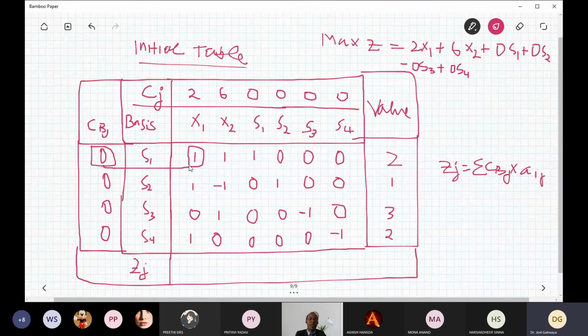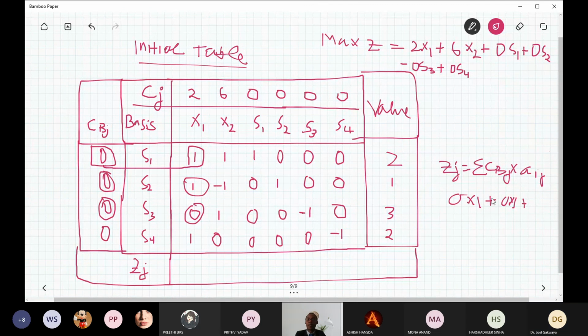This one means 0 into 1 plus 0 into 1 again, plus 0 into 1, plus 0 into 0, 0 into 0.